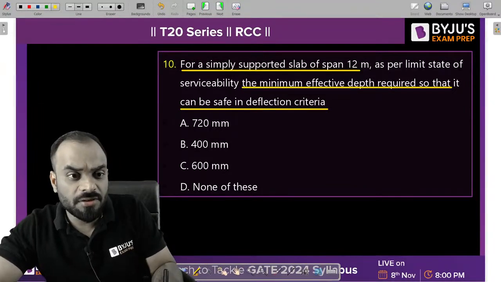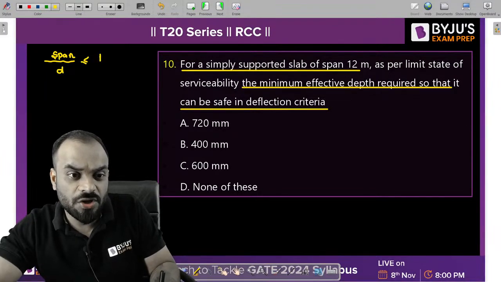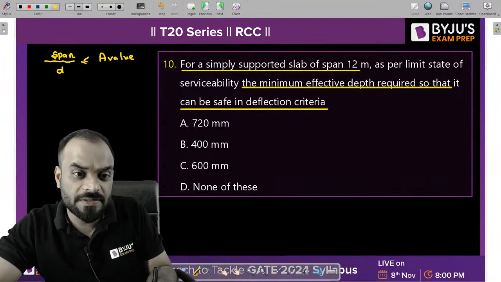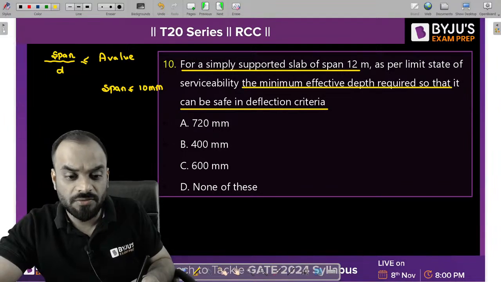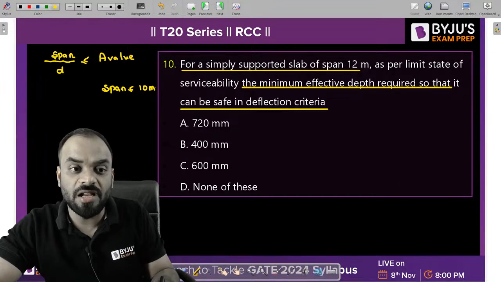So do you remember that particular criteria which is mentioned by IS code? Span by d value should be less than or equal to a value. But this formula is valid only when the span of the beam is less than or equal to 10 meter. Now in our case, we know that, guys, the span is greater than 10 meter.